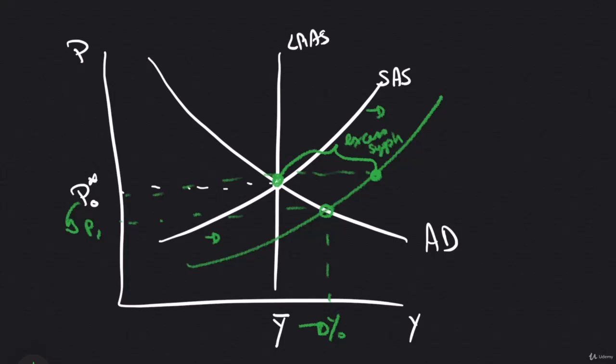In that case, it is very likely for us to see a reversion of the short run aggregate supply back to our initial levels, where output will fall back to full employment levels and original price levels. And that is the important point: short-run deviations from long-run full employment are rarely sustained over the long run.